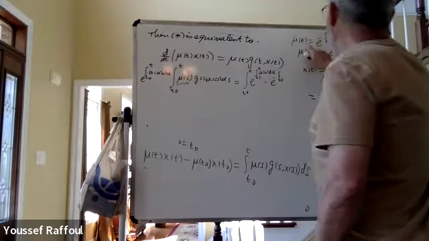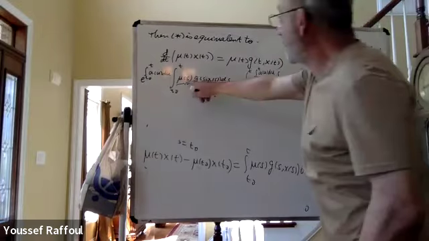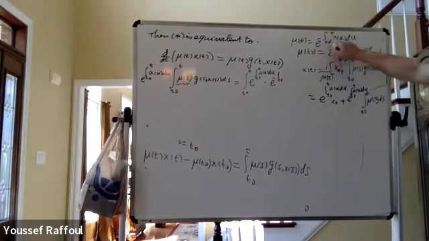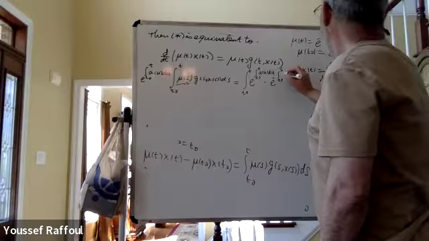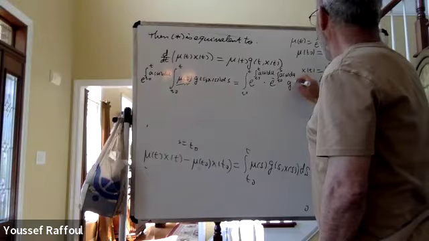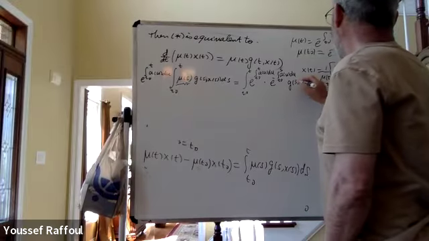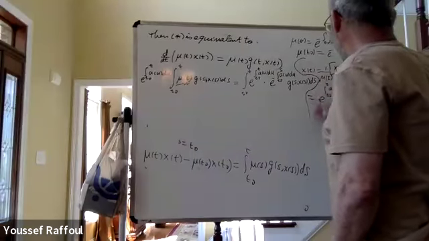Okay, remember what the mu(t) is. Mu(t) is this one. So if you replace t with s, because you've got a mu(s), that will be e to the minus the integral from t naught to s of a(u) du times g(s, x(s)) ds.